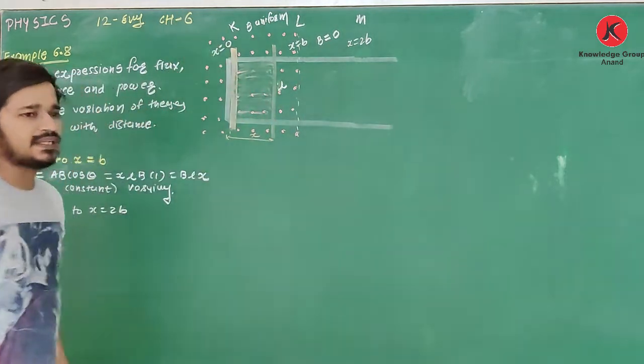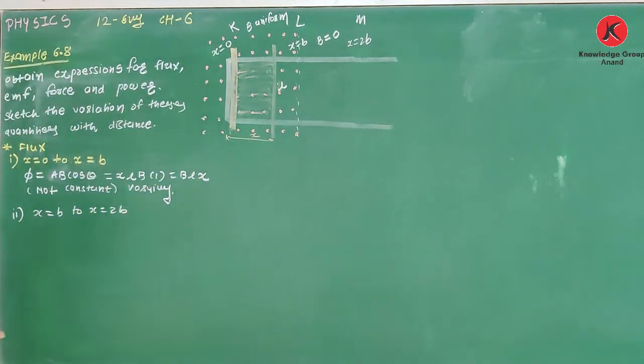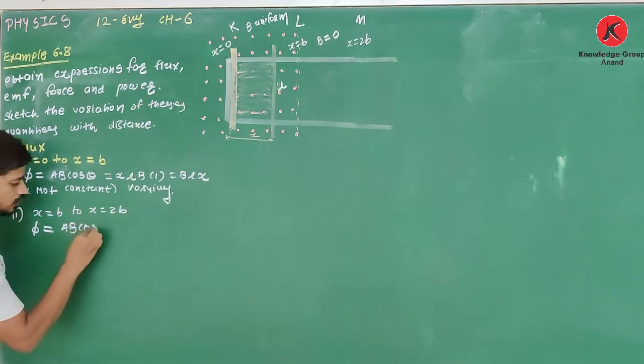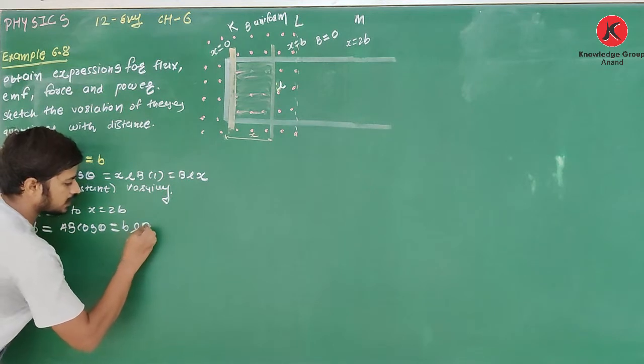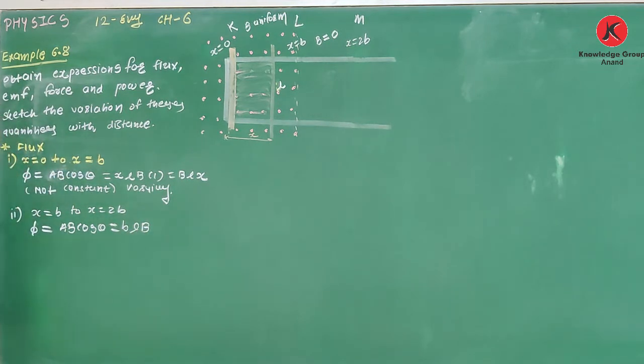So flux is linked with only this part, and that flux phi is equal to, again, AB cos theta. What is A? It is now B into L into b. And yes, this flux is constant.